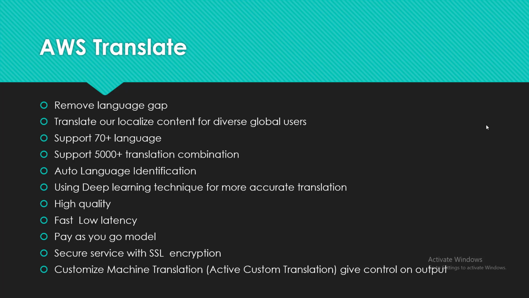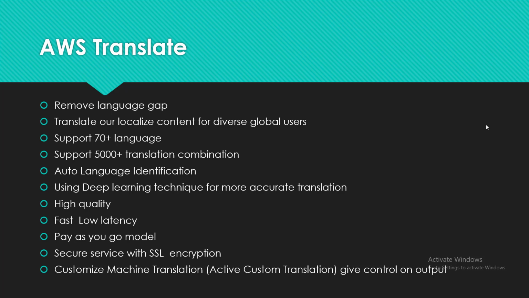AWS Translate supports 70 plus languages. And if you see the combinations, like Hindi to English, Hindi to Bangla, Hindi to Gujarati, and those kinds of things, it comes to around 5500 different translation combinations.